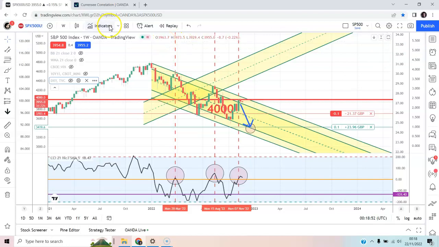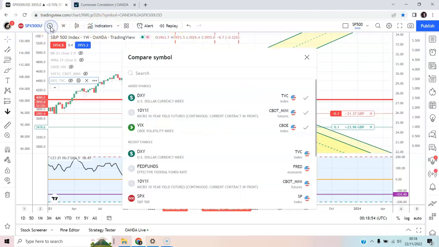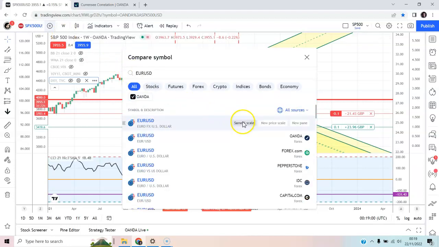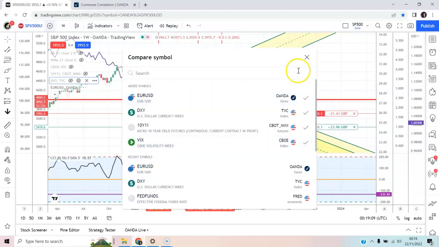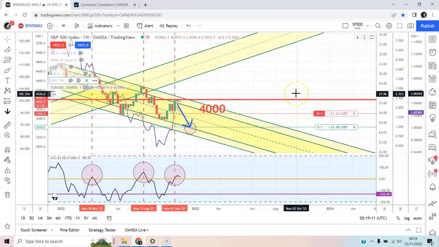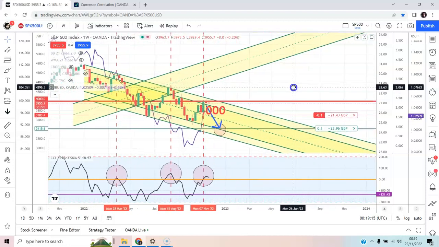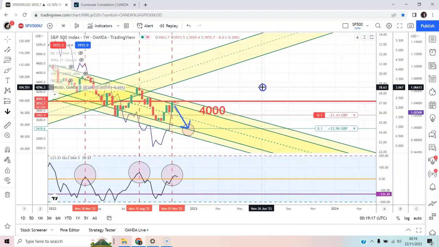But I'm going to add the EUR/USD just to show you one more thing, which is how we've got this correlation going on between the euro, as in EUR/USD, and the S&P 500. If I just show you this, you will see what I mean. I've done this before, right? But I'm showing you again. So there's the EUR/USD there.